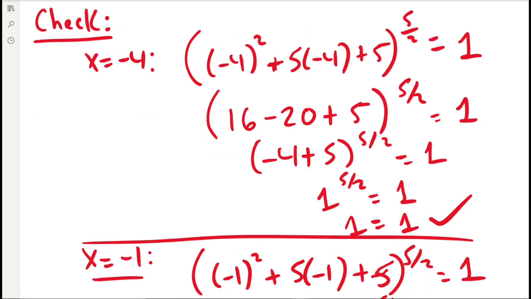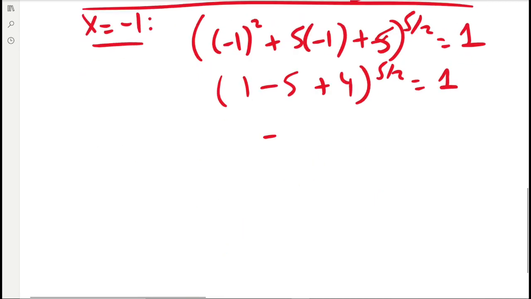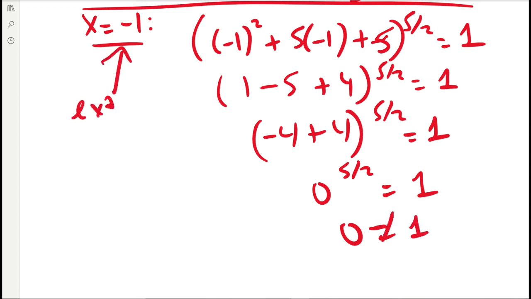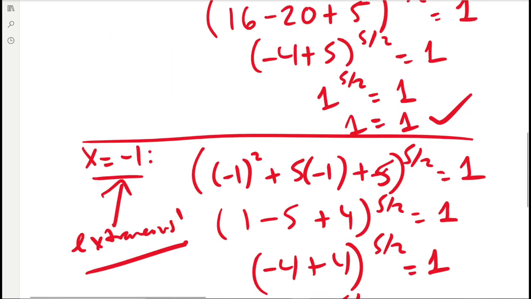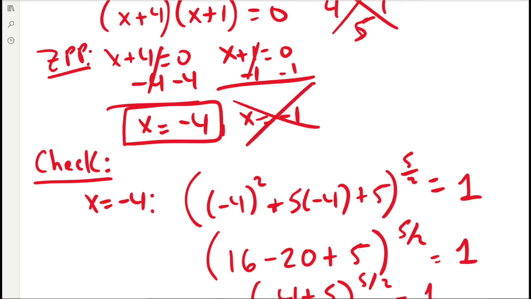Yeah, so negative 1 squared is 1, and then 1 minus 5 is negative 4, and then I get negative 4 plus 4. So negative 4 plus 4 is 0, and 0 to the 5 halves is 0. So 0 does not equal 1, so this is extraneous. So therefore my only solution is x equals negative 4. We're going to go ahead and get rid of that negative 1, and that's our solution.